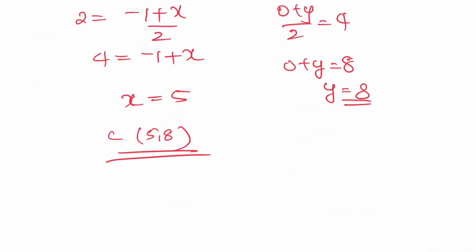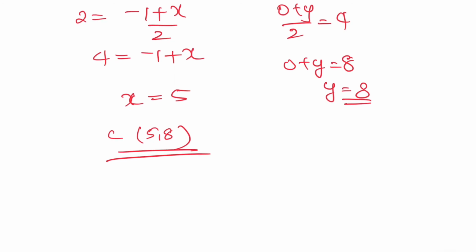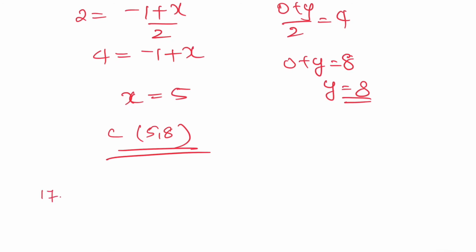Okay, so let us come to question number 17. In question number 17 we have the coordinates of the centroid of a triangle PQR as (2, -5).